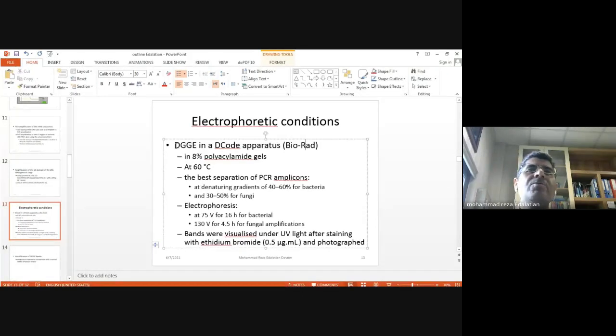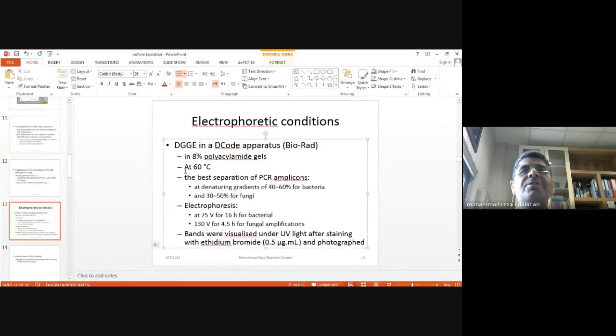In order to perform the DGGE in a DCode or Bio-Rad apparatus, we should first make 8% polyacrylamide gels.